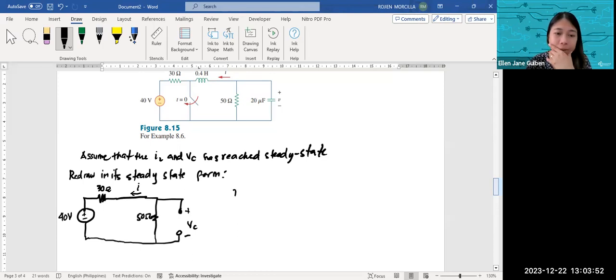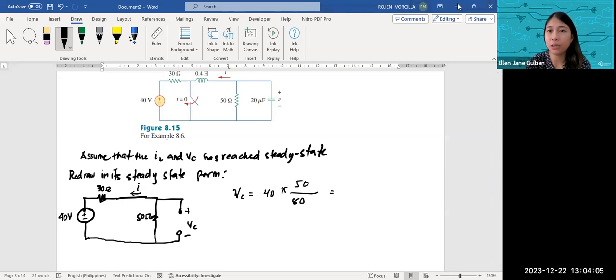So VC is equal to 40 times 50 divided by 18, so that will be 25. Okay, that's for your VC, and then for your IL, or let's just say this is VO, this is IO, since it will be the initial condition for the next timeline.